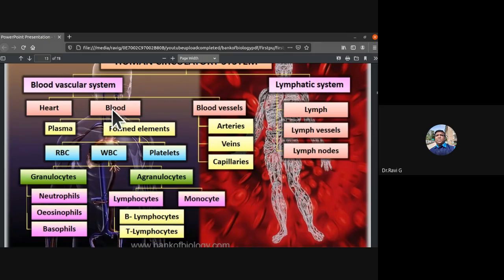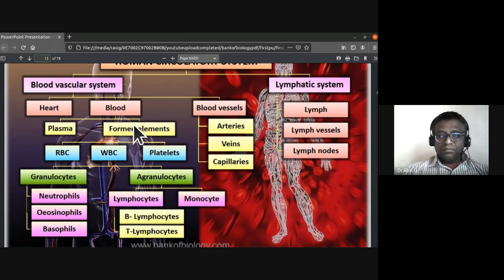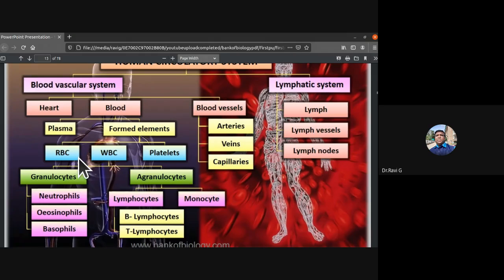The blood is majorly composed of the fluid part of the blood, which we call plasma, and the cellular components or formed elements. The formed elements or cellular components are red blood cells or erythrocytes, white blood cells or leukocytes, and blood platelets or thrombocytes.